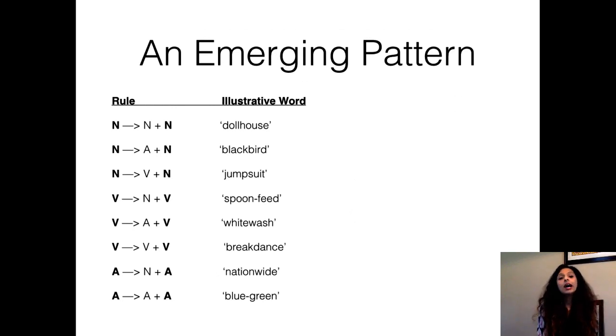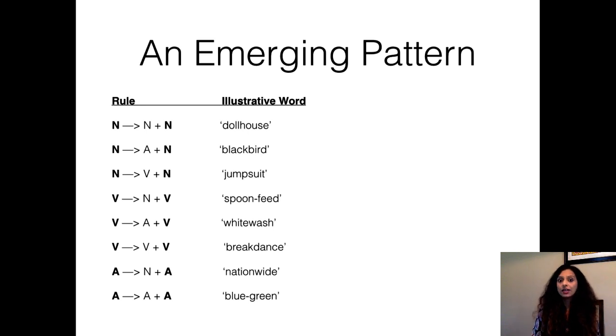So here is a list of all the rules that we just saw for compounding. And what you can see is there is a pattern that is actually emerging with respect to compounding. If you look at the right-hand side, you can see that the left-hand side of the rule is very similar to the rightmost end of each of these compounding rules, right? So in a noun-noun compound, the resulting word is a noun.